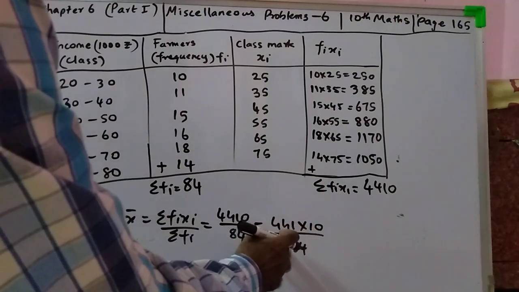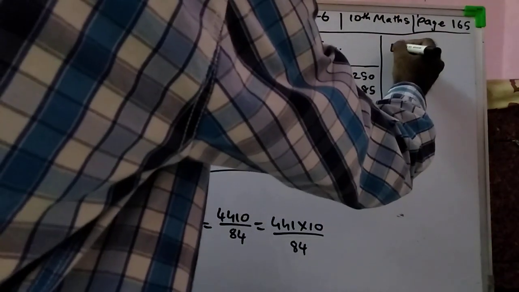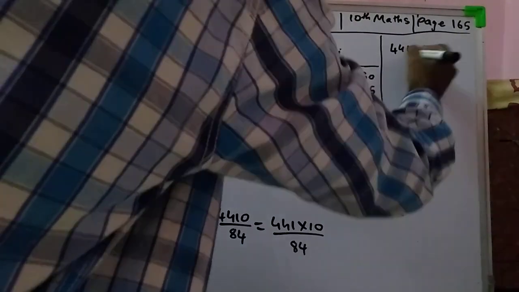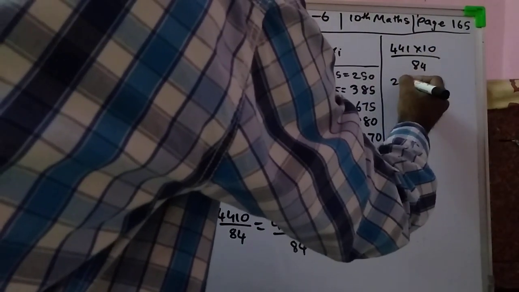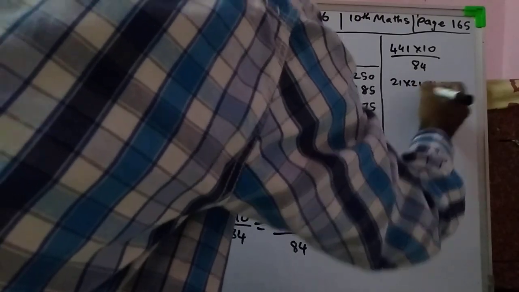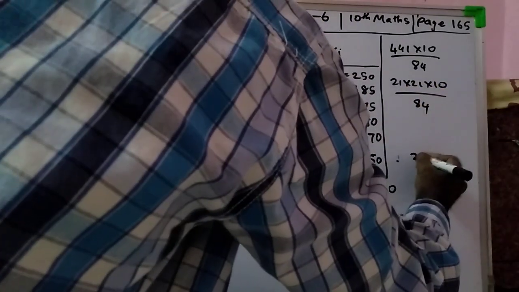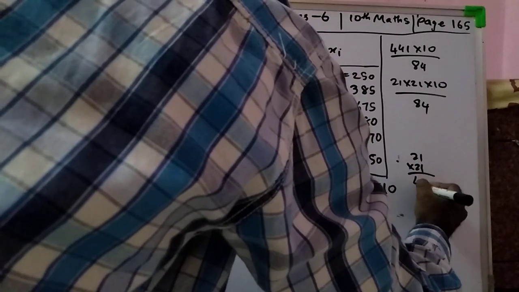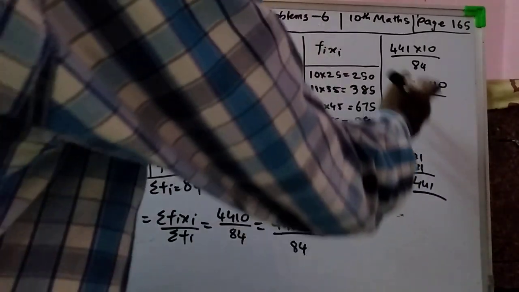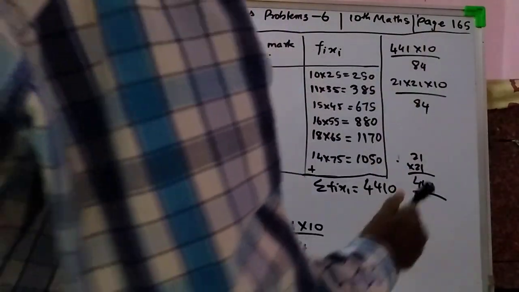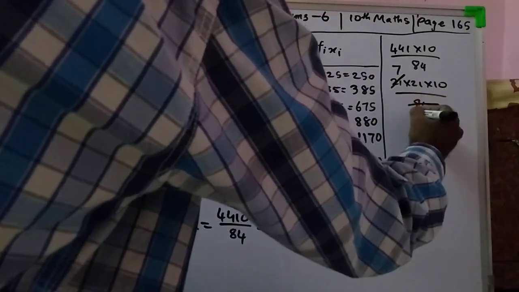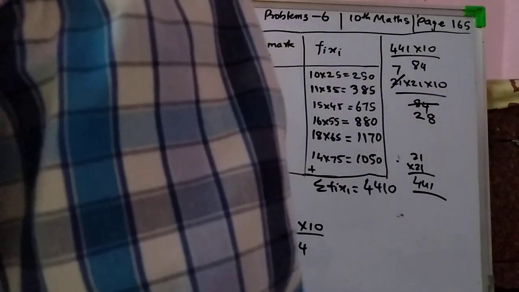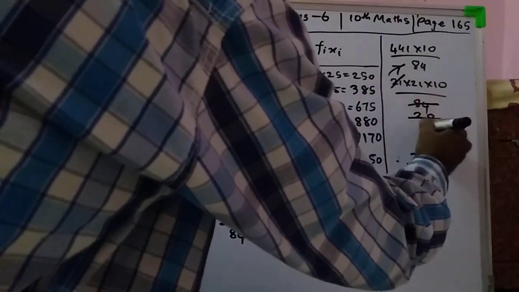This part we will do there. 441 into 10 upon 84. 441 is 21 into 21, and 21 into 21 is 441. So split it, then I can cut it. 84 is 7 into 3 into 4.